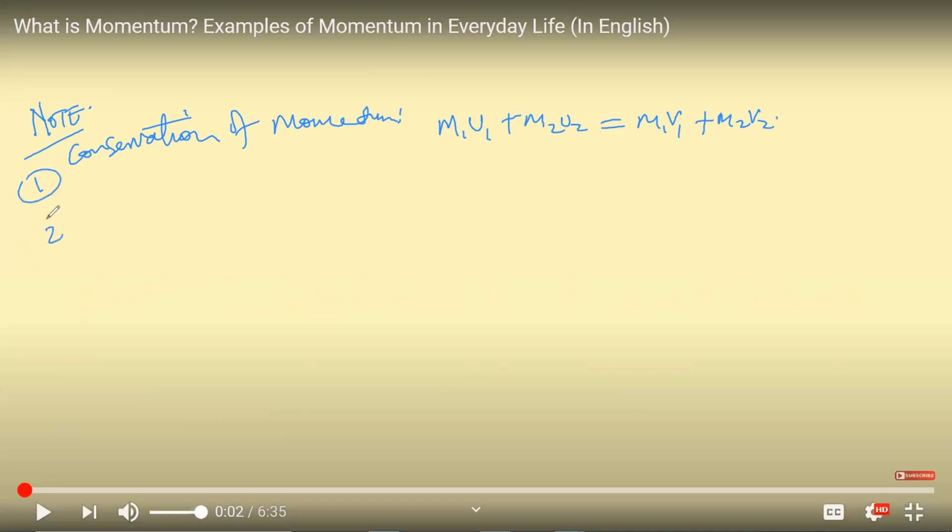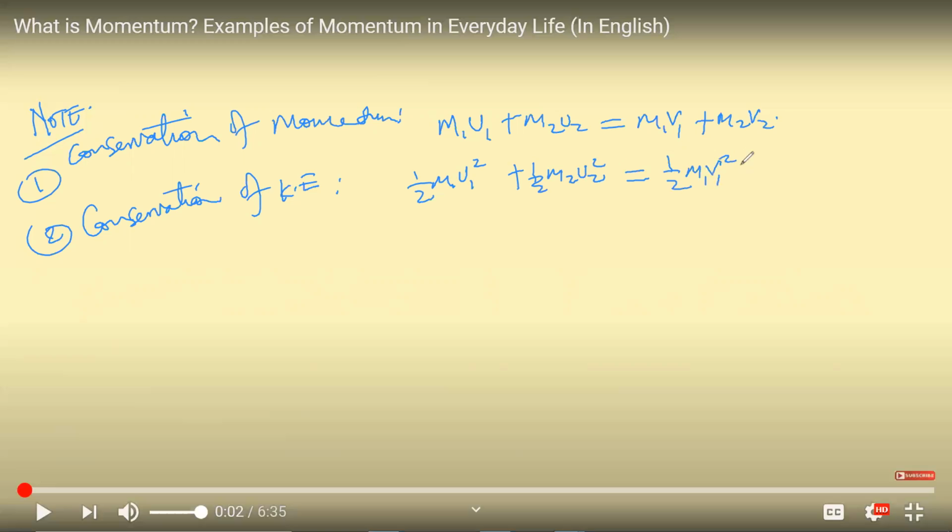And for conservation of kinetic energy, we use a half M1U1 squared plus a half M2U2 squared is equal to a half M1V1 squared plus a half M2V2 squared. Otherwise, in case you have a numerical question and you compute and then the kinetic energies are different, then it means that the collision was not elastic.